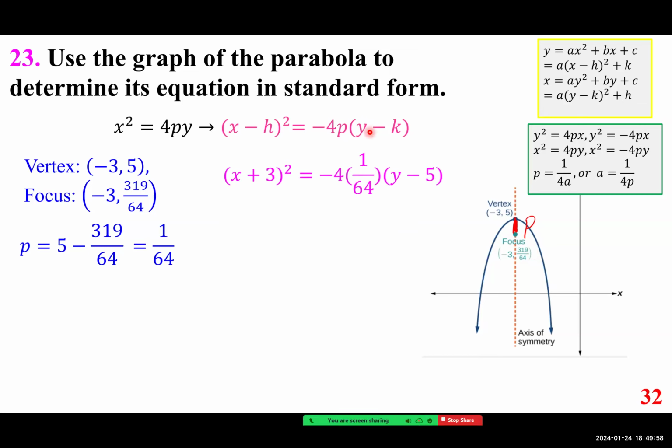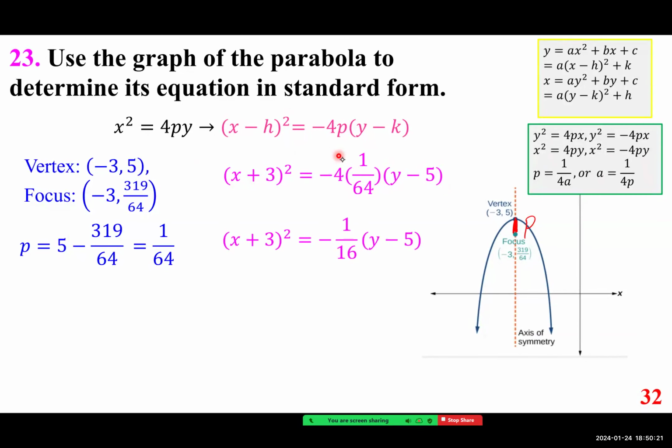Now we just follow that. X minus h quantity squared becomes x minus negative 3, or x plus 3 quantity squared, equals negative 4 times p, or 1 over 64, times y minus 5. This becomes negative 1 over 16. So this is the standard form.